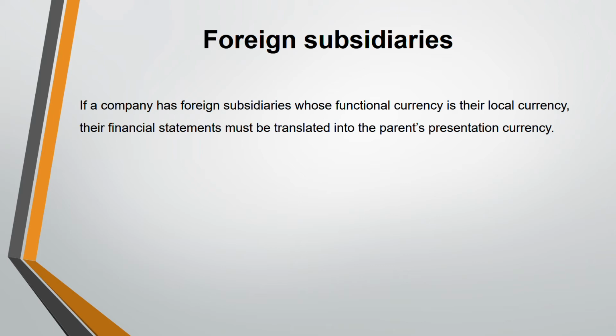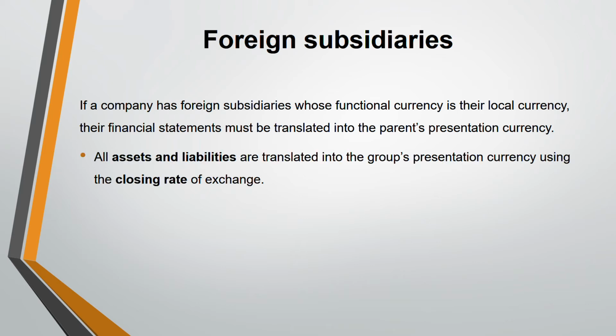Foreign subsidiaries might be recording in a different currency, in their local currency. If the parent's presentation currency is dollar and the subsidiary is recording in pounds, you have to translate into dollars first and then you consolidate. That's the rule.